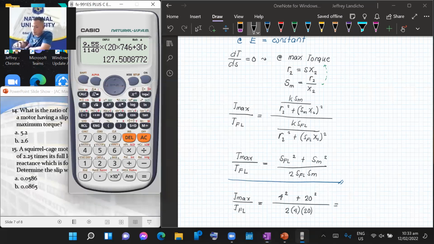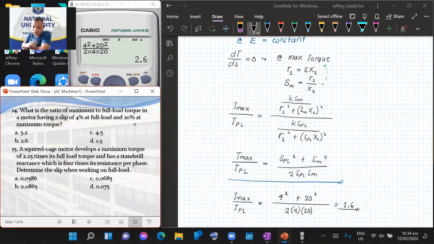So, meron times 4. 4 squared plus 20 squared divided by 2 times 4 times 20. So, you have 2.6. That should be the answer. Ano ba? 2.6. Ayun. Anong letter? Valid that. Kuha? Any question regarding problem number 15? Nakuha ba, kapatid? Any question regarding that?